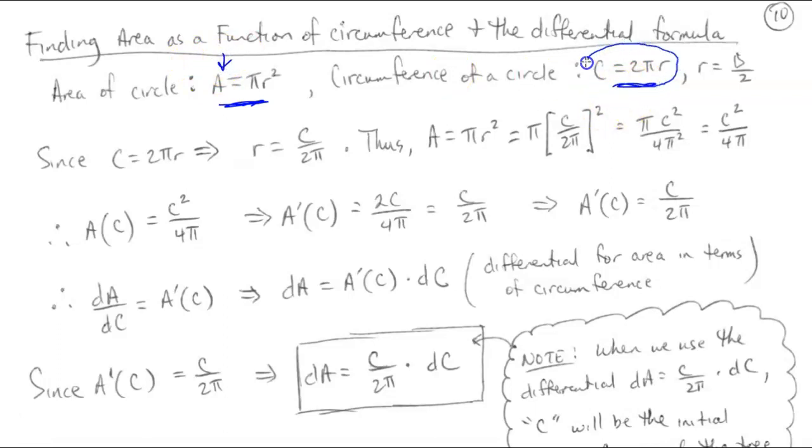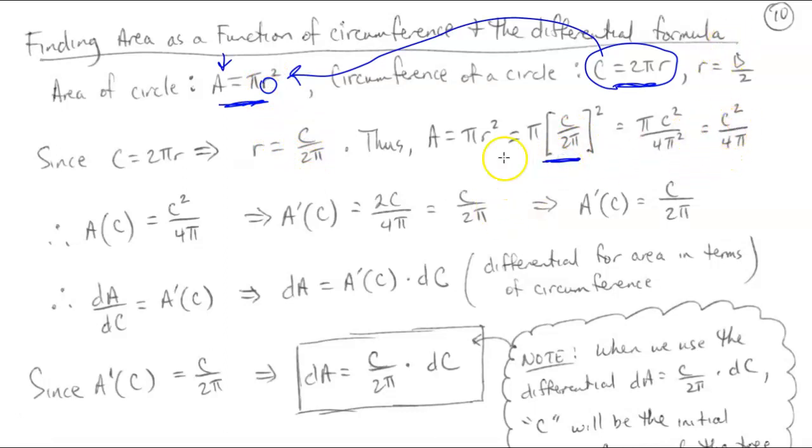So I need to take this and try to somehow get some variation of a theme of this wrapped up into here. So I take my circumference and I rearrange everything to solve for the radius, which is just going to be circumference divided by 2 pi. And of course that's r, and that's the same r that's here. So I can replace that r with circumference divided by 2 pi. And so that's what you're seeing here.